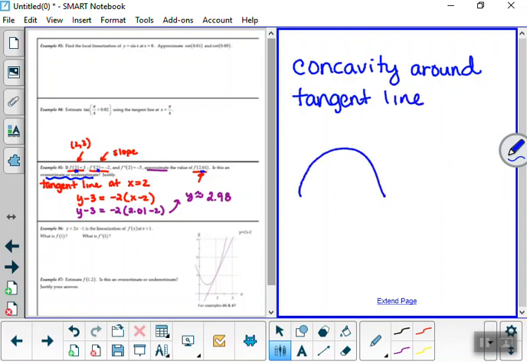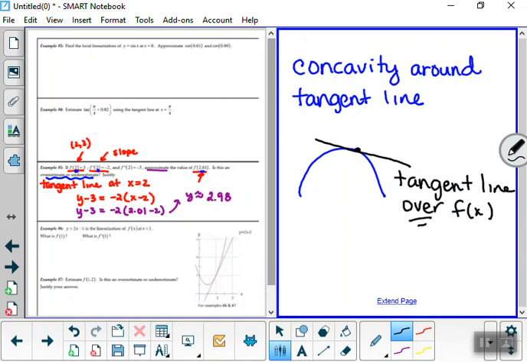If we have a function that's concave down, and I put a tangent line to a concave down function, the tangent line is over or on top of the function, and the tangent overestimates. Okay.